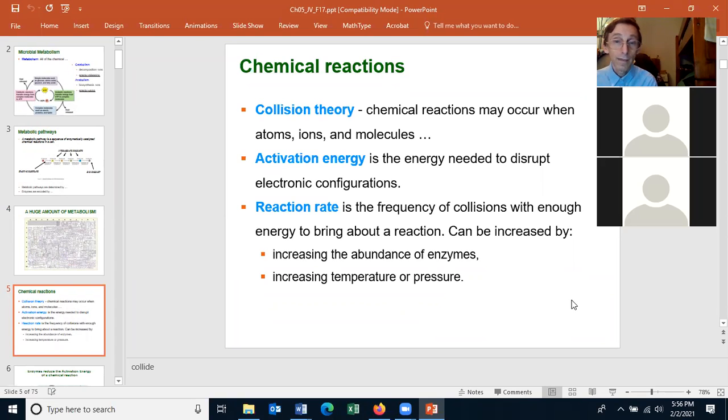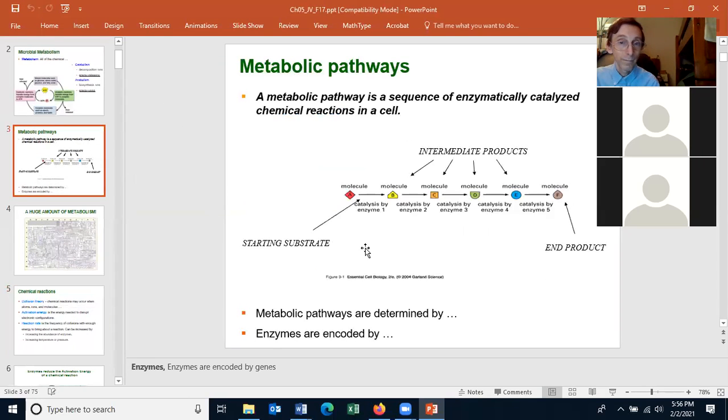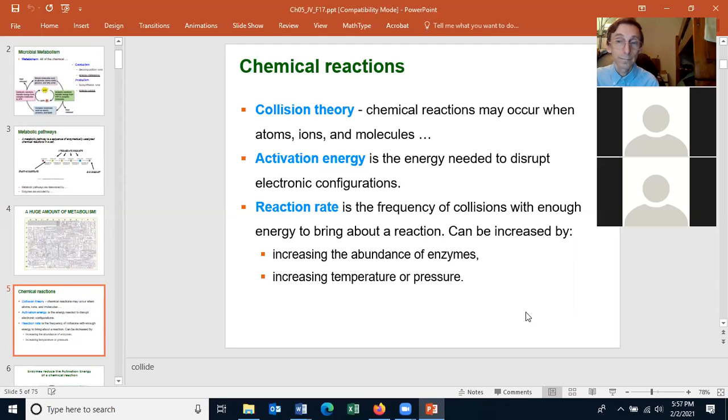The activation energy is the energy needed to disrupt the electronic configuration in the molecules, changing the reactant or starting substrate to the next molecule, which we'll call the product of that chemical reaction. Any question about any of that?